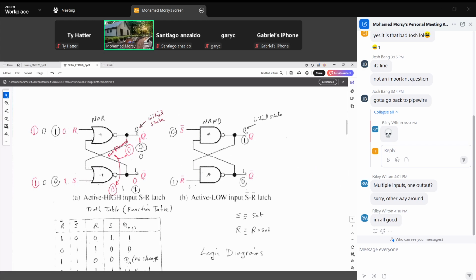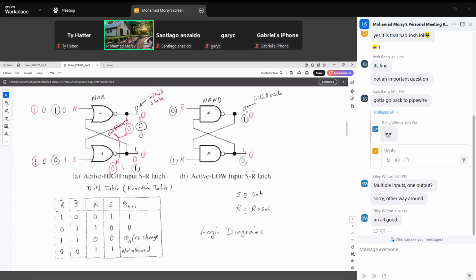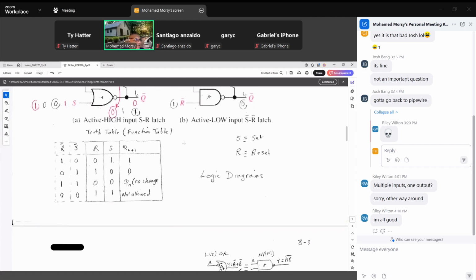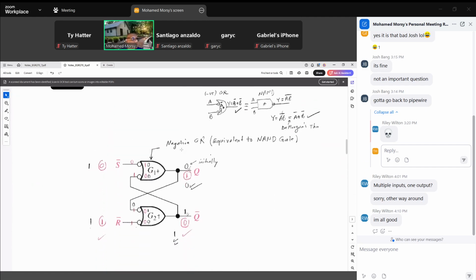This one was 1, so multiply is 1, inverted to 0. So we got 0 here. So exactly like S is 1 and R is 0, so set the output to 1. So the same functions but different gates for different designs.